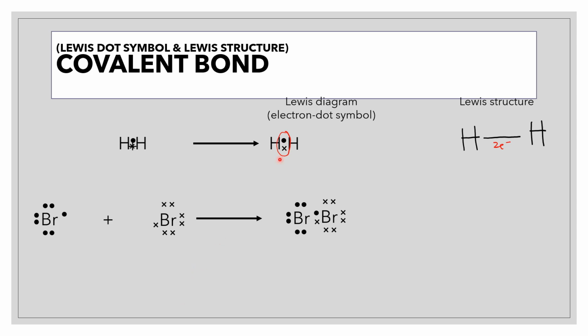So by sharing electrons, kita boleh nampak bahawa hydrogen ini telah mempunyai sebanyak 2 elektron, and this hydrogen as well sudah pun mempunyai sebanyak 2 elektron. So here both hydrogen atoms ini telah pun mencapai stability. Stability jenis apa? Doublet stability.